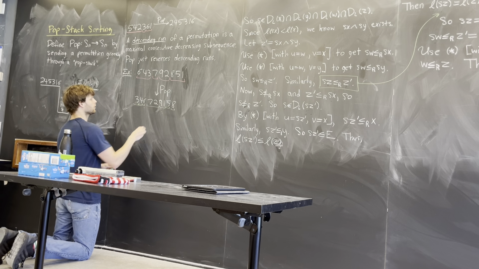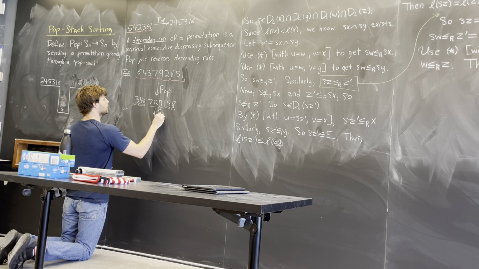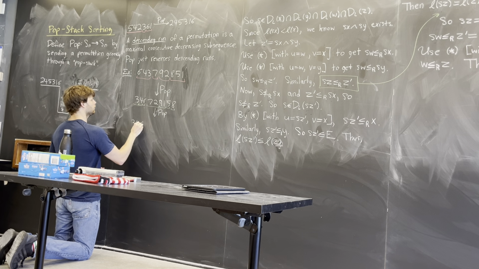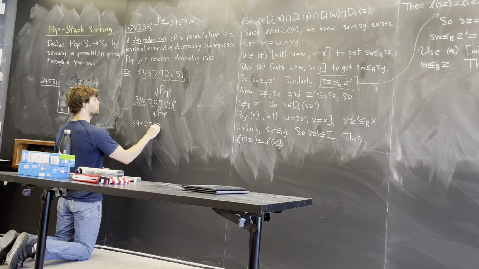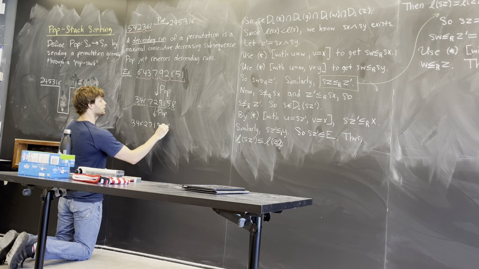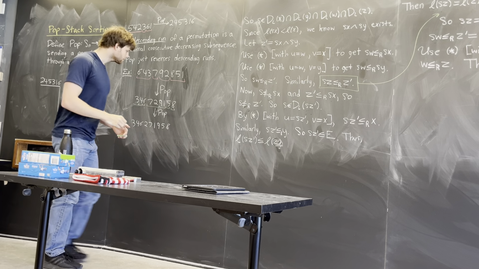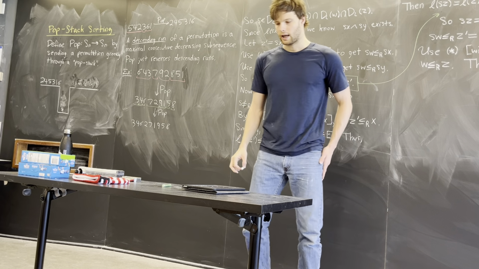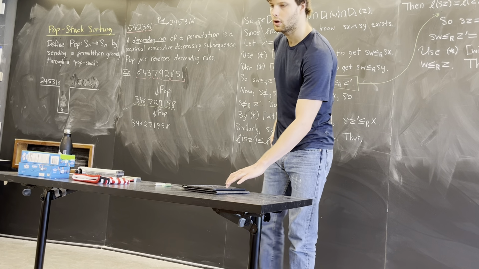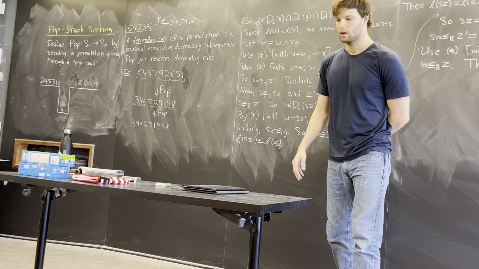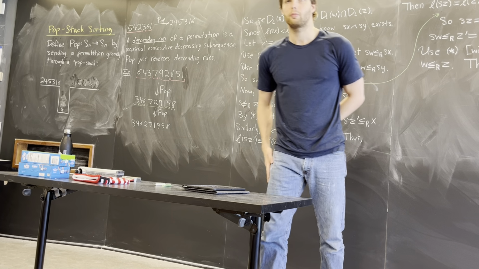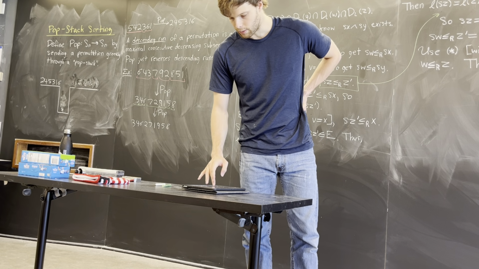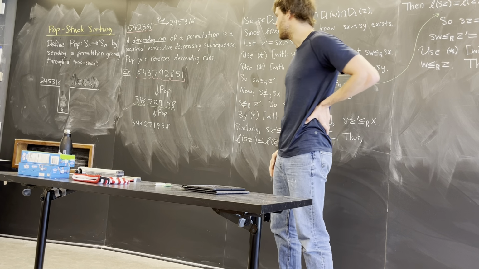So in this case, I would get 3, 4, 6, 2, 7, 1, 9, 5, 8. And you could keep doing this. And actually, eventually you will get to the identity permutation. So I'll release another p-set on Thursday, and one of the problems is to show that you will always get to the identity permutation.